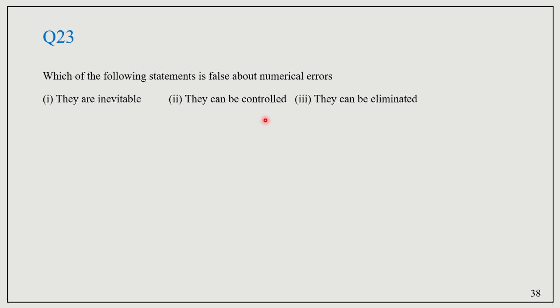We are not fully using those, so we cannot eliminate the error, but we can minimize it. So 3 is false. The options are: option A, 1 only. Option B, 2 only. Option C, 3 only. Option D, neither one.